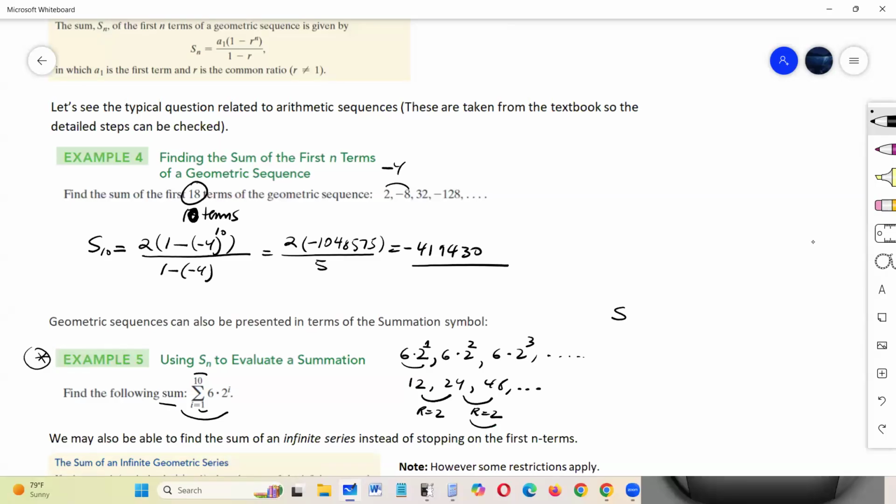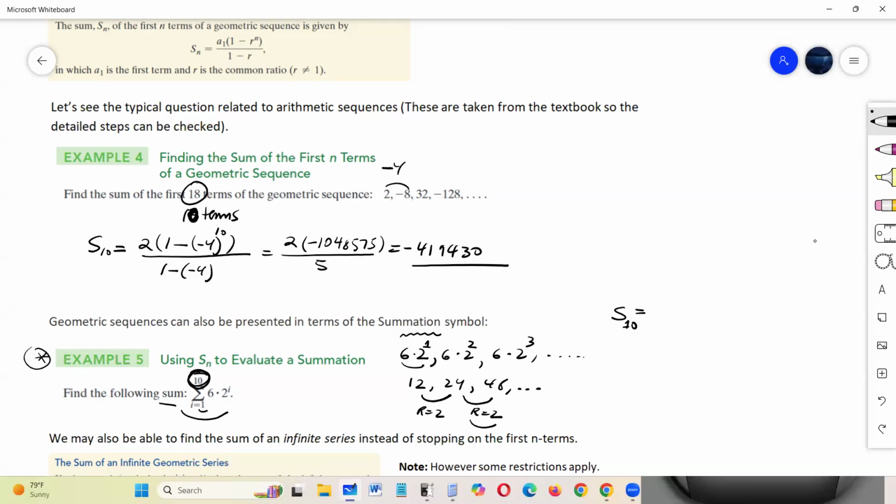Now notice what I'm going to put here: I need to find the summation up to the 10th. So the first 10, so this is S10. A1, which is 6. Is it 6? No, it's not 6. This is the first term right here.